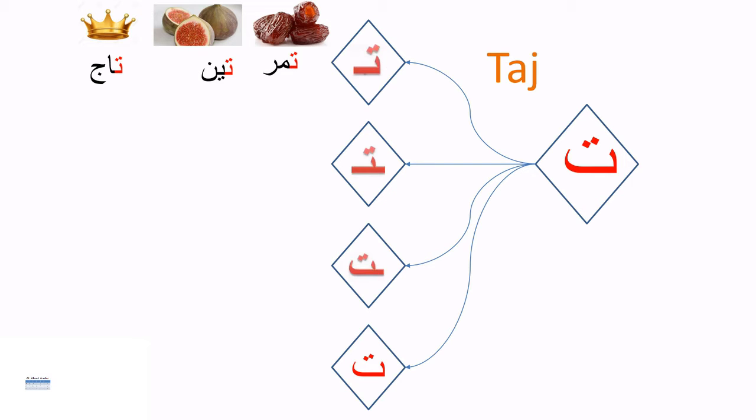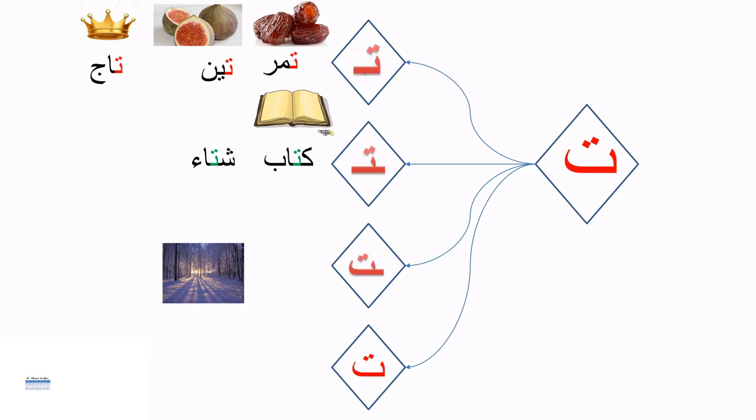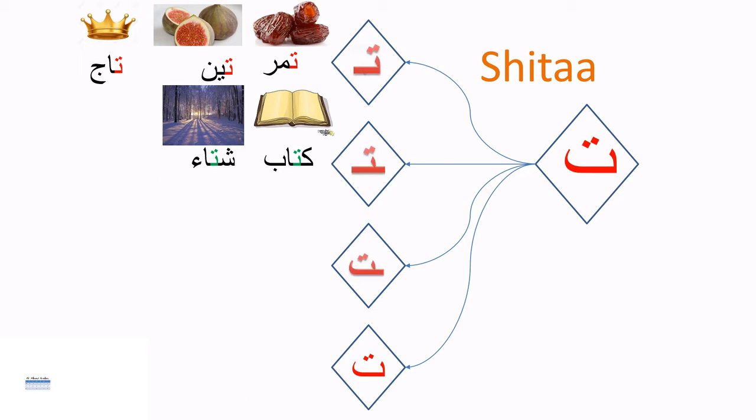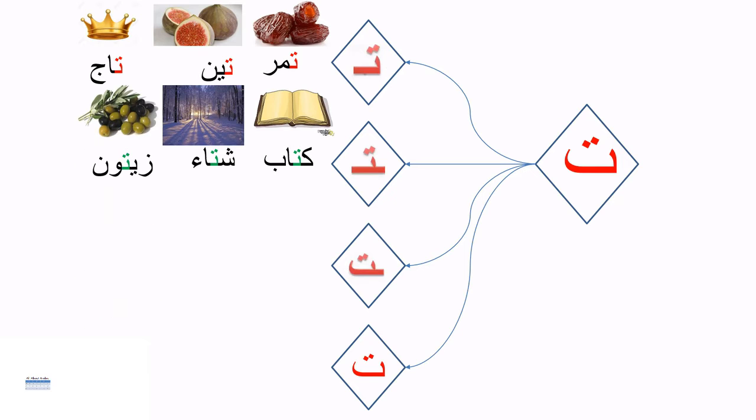And let's see how ta becomes if it is in the middle of the word. You can see how ta is connected to the previous and the letter after it. So we have kitab. We already took kitab. Again, there is a mad here after ta. Kitab. Shita, winter. And zaytun.